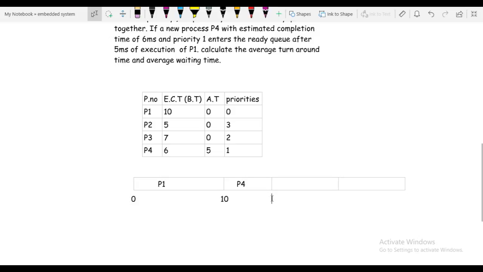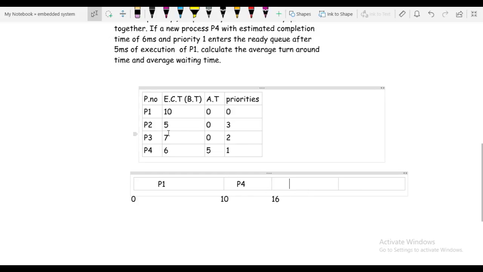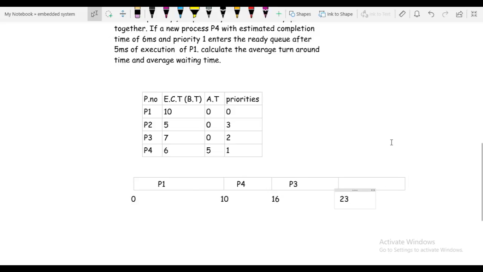That is, it will give you 16, 10 plus 6. After P4, you will have P3, because it has priority 2, which is higher than P2. Now it will be executed for 7 milliseconds, that is 16 plus 7, you'll have 23.